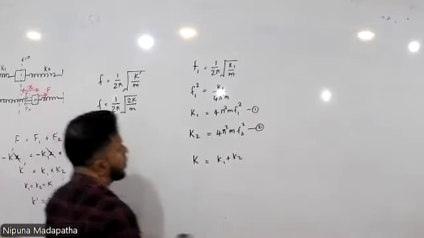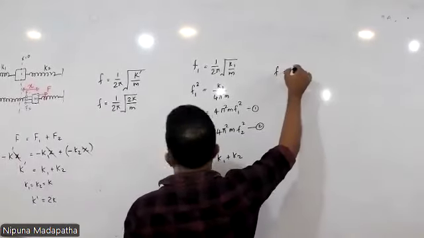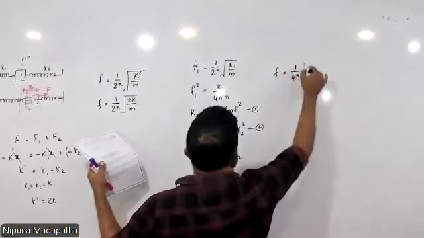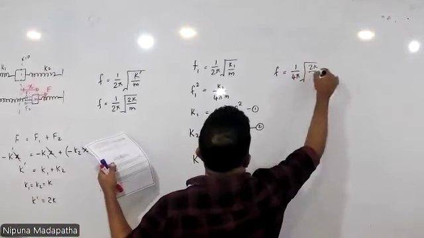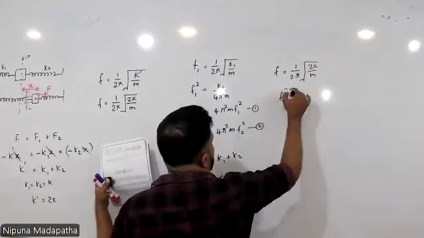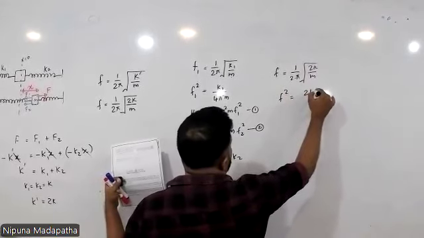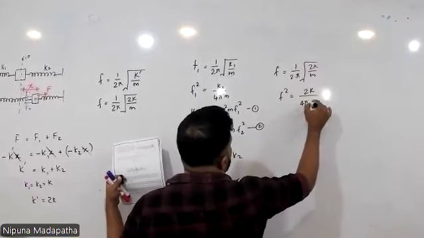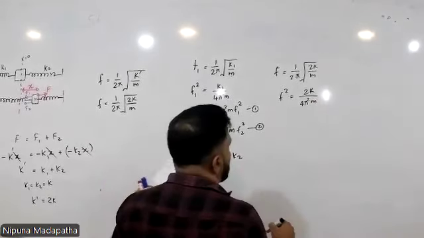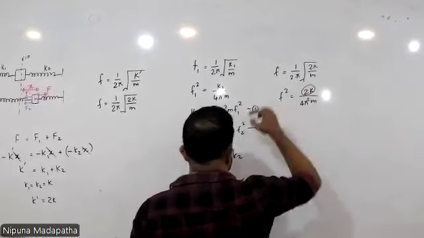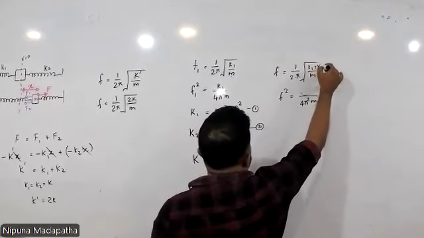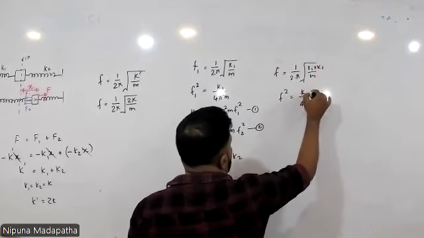So if you write an expression for the frequency F, you have 1 over 2 pi square root of K over M. If you square the expression, this is the equivalent K. This must not be 2K; it must be K1 plus K2, the equivalent.